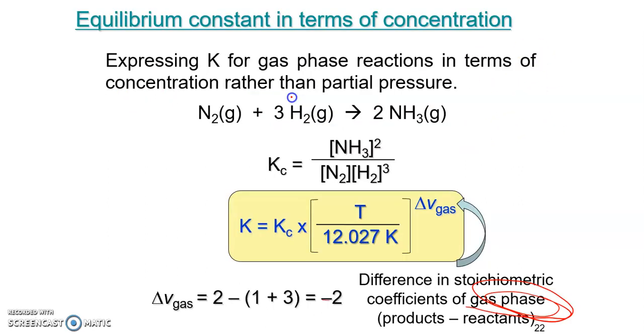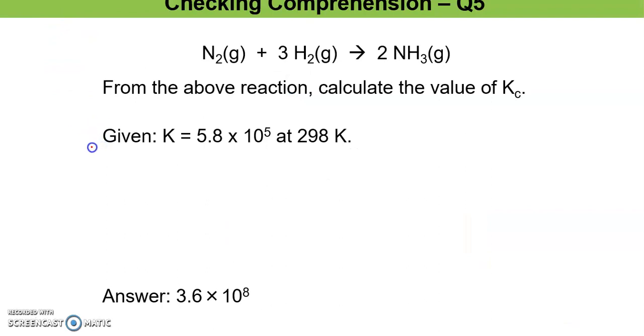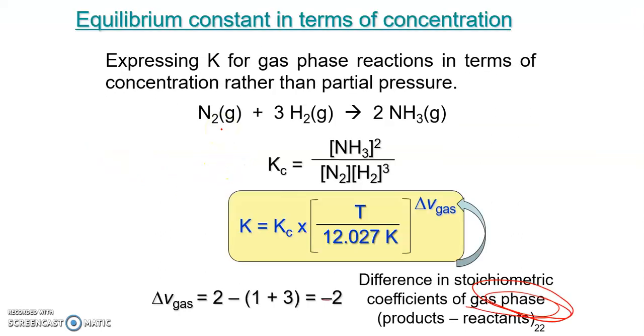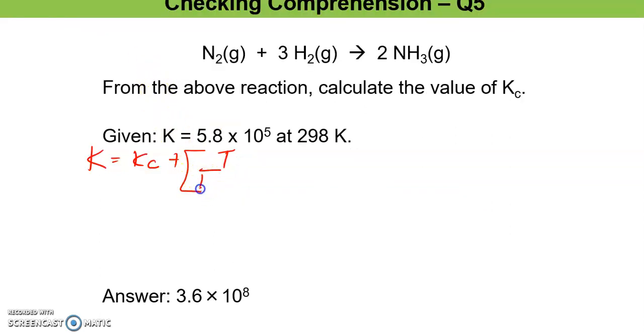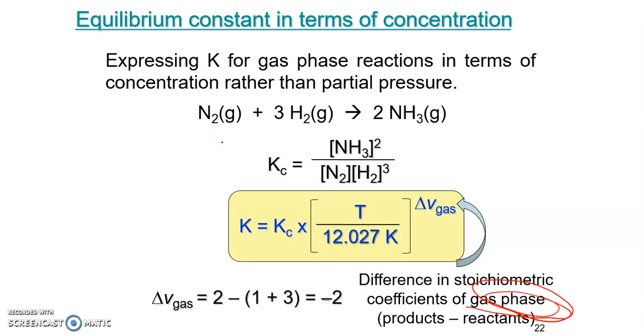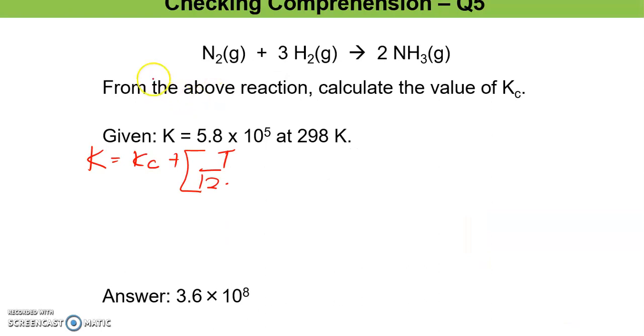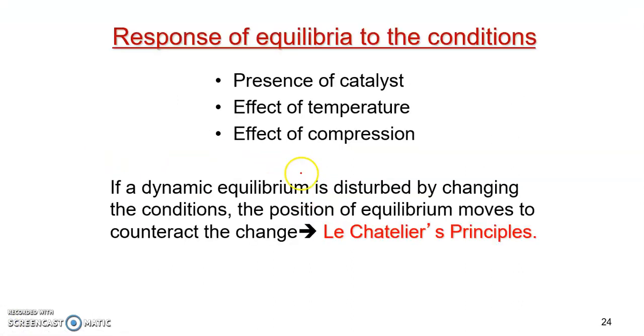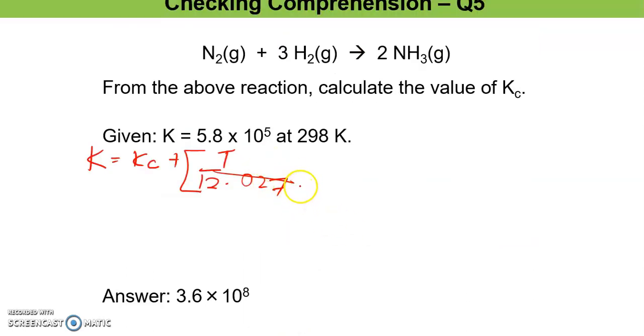Again, we can use the formula: K equal to Kc times (T over 12.027) to the power of delta v gas.